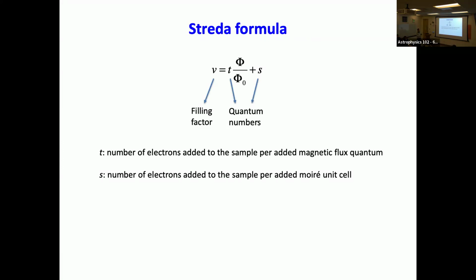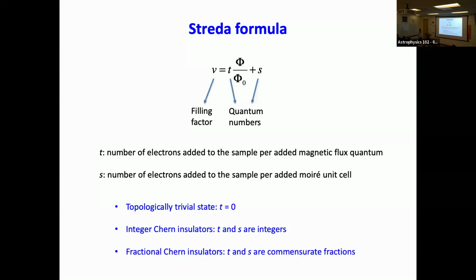This is the filling factor, T and S are some quantum numbers, I will tell you what they are, and phi is the magnetic flux over the magnetic flux quantum phi naught. T is the number of electrons added to the sample per added magnetic flux quantum due to topological pumping, and S is the number of electrons added to the sample per added moiré unit cell. If it's a topologically trivial state, T has to be equal to 0 because there's no topological pumping.